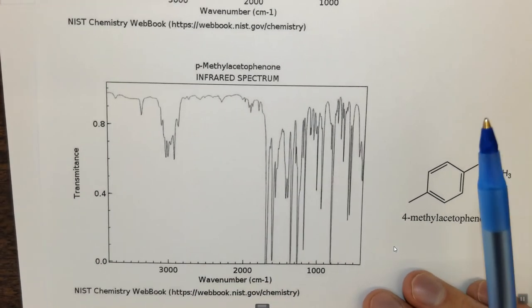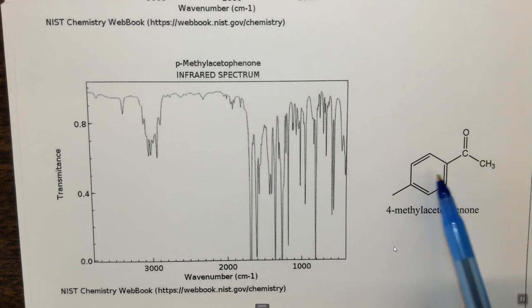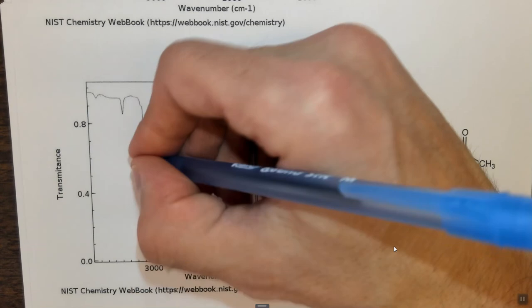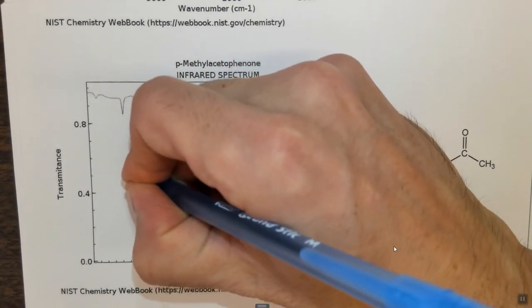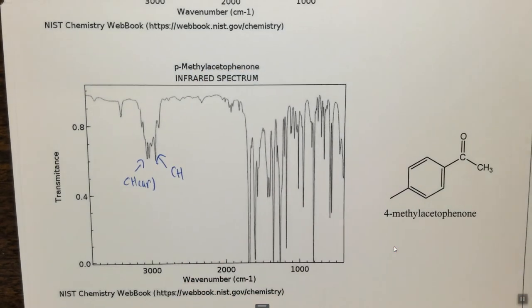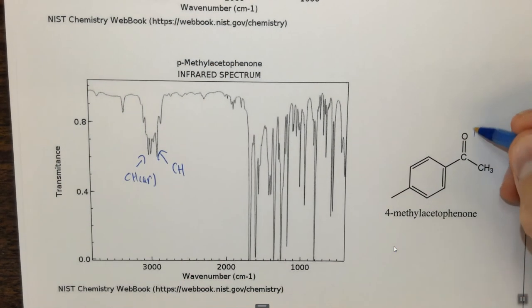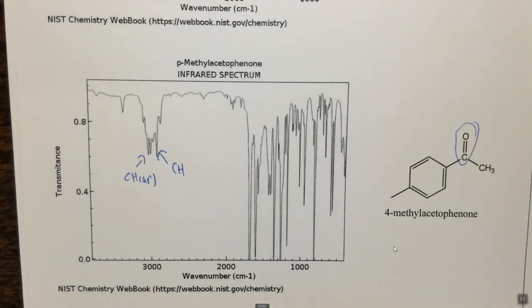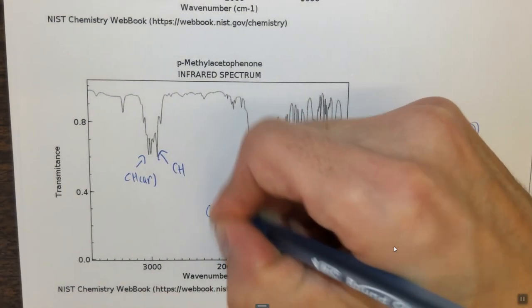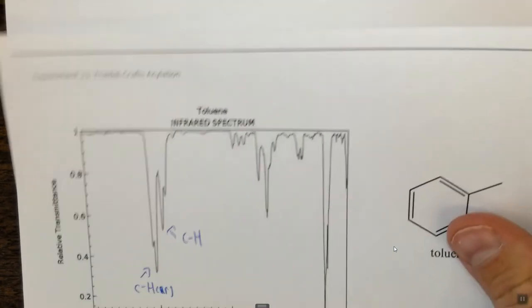How does that differ from 4-methyl acetophenone? Well, in 4-methyl acetophenone, we still have the aromatic CHs and the non-aromatic CHs, so we have CH aromatic above 3,000 and CH aliphatic below. But what do we have now? We have this carbonyl peak. And this carbonyl peak, somewhere around 1700, this C double bond O, is a major difference.